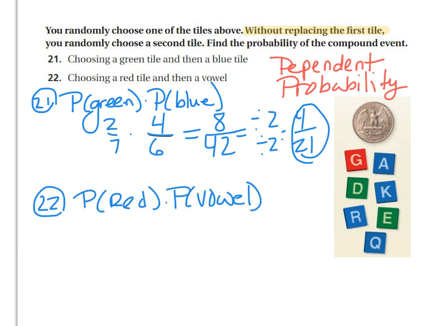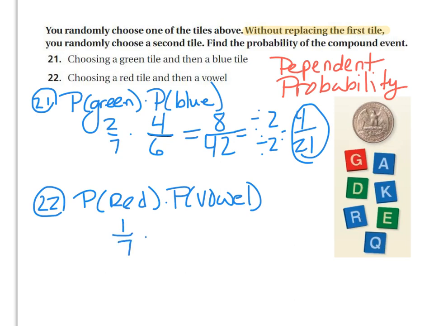All right, number 22. You want to know what's the probability of pulling a red tile, not replacing it, and then pulling a vowel out of this set of tiles. So there's only one red tile out of the 7 total tiles. So the probability of pulling a red tile out of the set of 7 tiles is 1 out of 7.